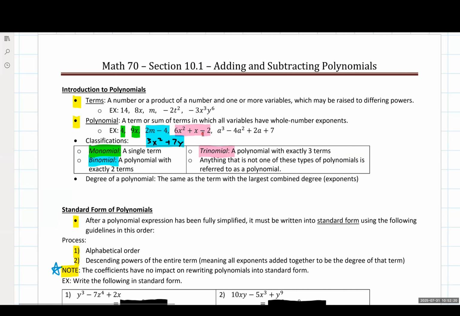And it doesn't matter which things are adding, which things are subtracting, as long as there are 3 of them that are adding or subtracting together. And anything that has more than 3 terms adding or subtracting together, we are just going to refer to as a generality, a polynomial. Nothing special about its names that we're going to be using or seeing.